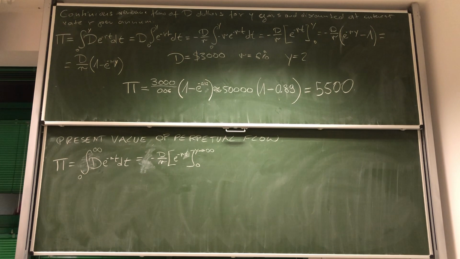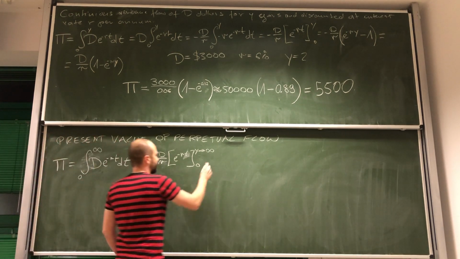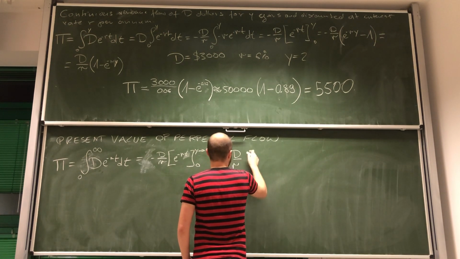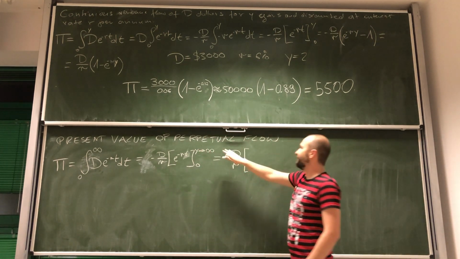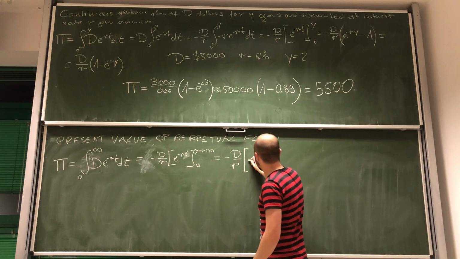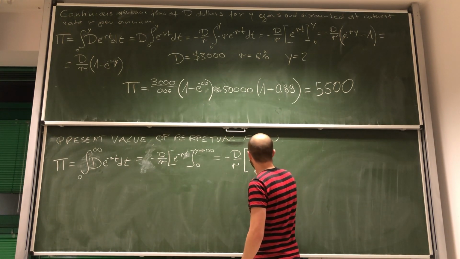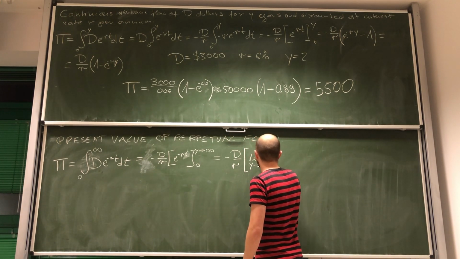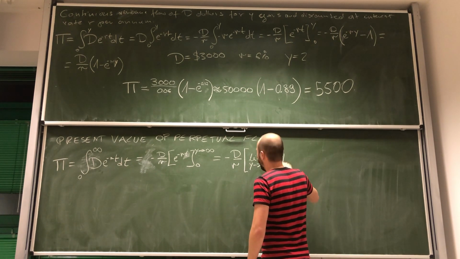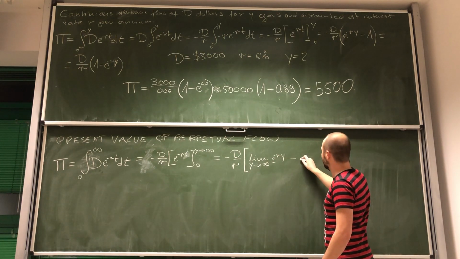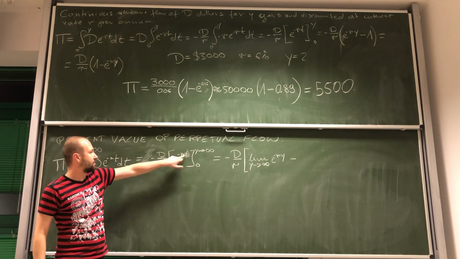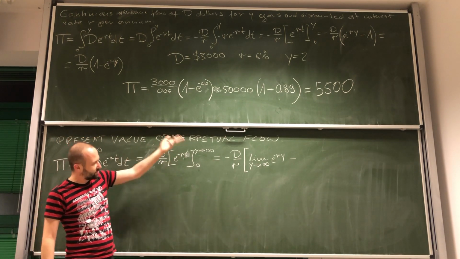But again, it's not going to be that problematic. So we've got negative d over r, and I'm opening brackets, and first I need to substitute y. But y is going to infinity, so I'm calculating the limit. Limit with y approaching infinity of e to the power negative ry, and minus e again to the power of 0, because if t is replaced with 0, we get e to the power of 0, which is 1.